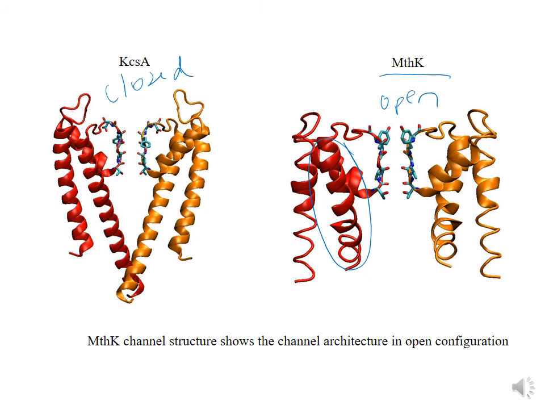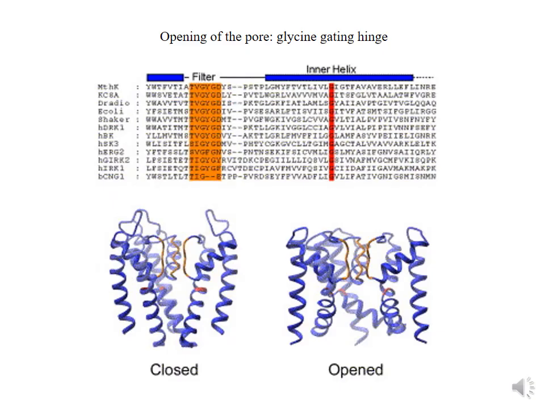The understanding here is that to open these channels, the inner helices bend at some point halfway across the membrane, as their C-terminus is displaced laterally away from the pore by conformational change during gating. If you look at the amino acid sequence of the channels, you find that when these channels transition from the closed to the open state, the bending happens at a glycine residue of this inner helix, or TM2 domain.